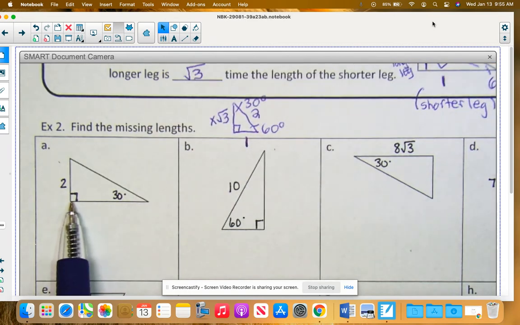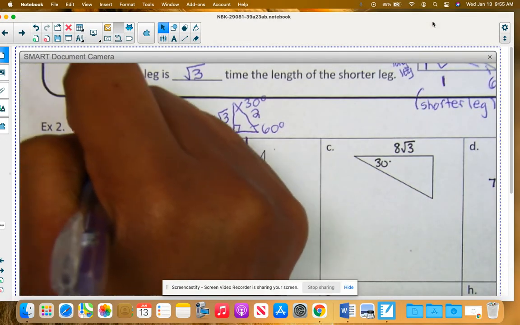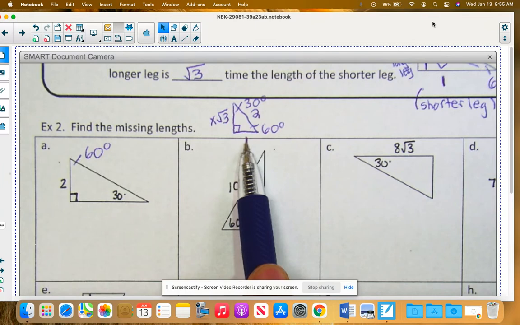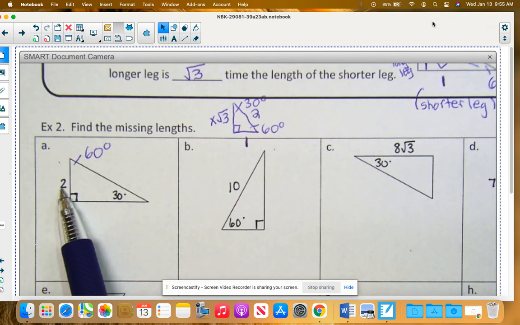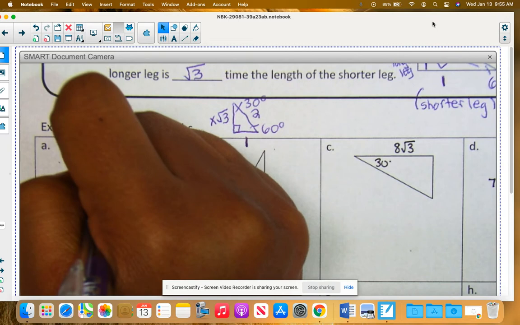So this is my right angle. That's 30. This must be 60. So we're going to go through and label some things that I know. I know that the relationship between the shorter leg and the hypotenuse is twice as much. So if my shorter leg is 2, if I double it, it'll give me the hypotenuse, which is 4.